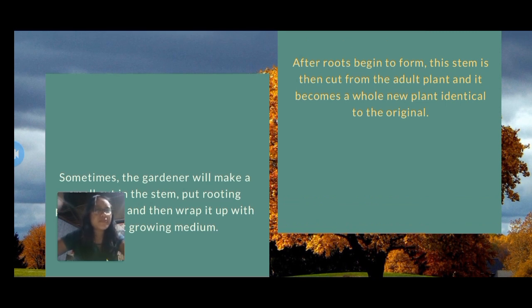After roots begin to form, this stem is then cut from the adult plant and it becomes a whole new plant identical to the original. Layering is a way to propagate a variety of plants that are difficult or impossible to root from cuttings.